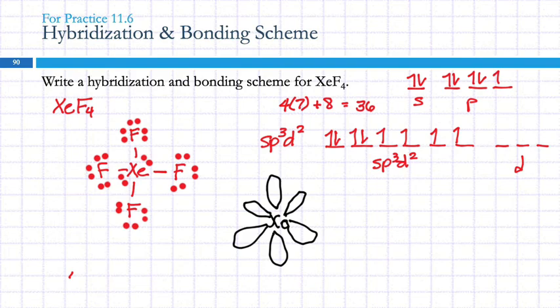And each of those has an electron in it, but 2 of them have 2 electrons. So if I put a lone pair here, where did we learn that the other lone pair is going to go? It's going to go on the opposite side, right? So this is going to be a lone pair over here.